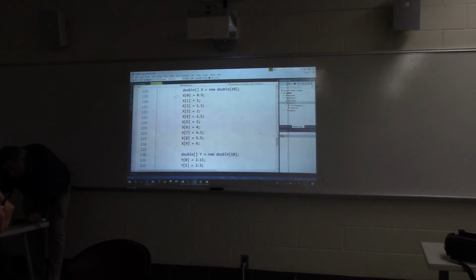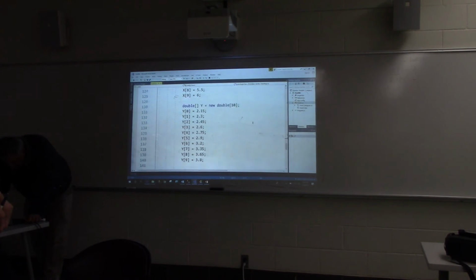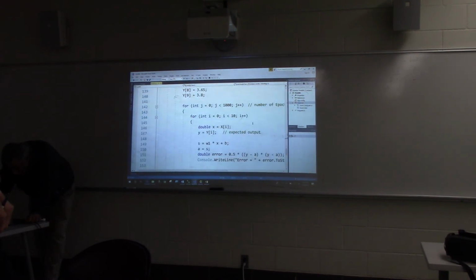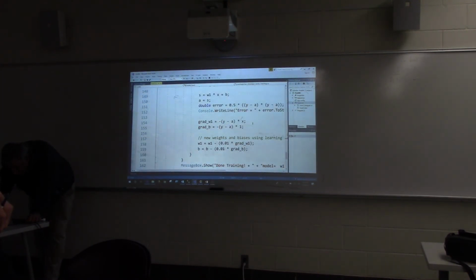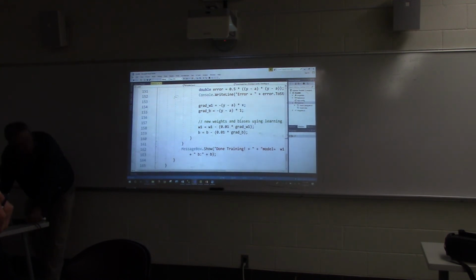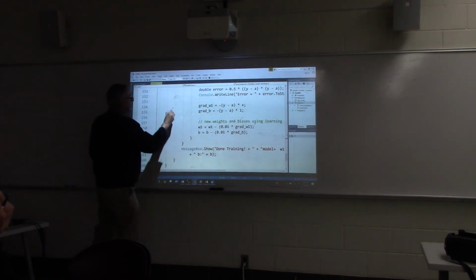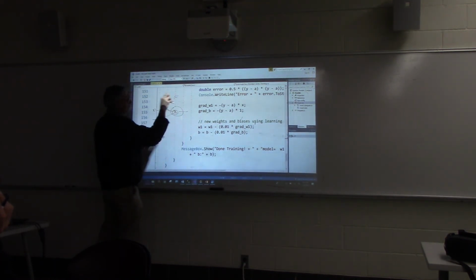For regression training, we only need one weight, not 2. For regression, all we need is W1, X1, and the bias. For classification, we need both.